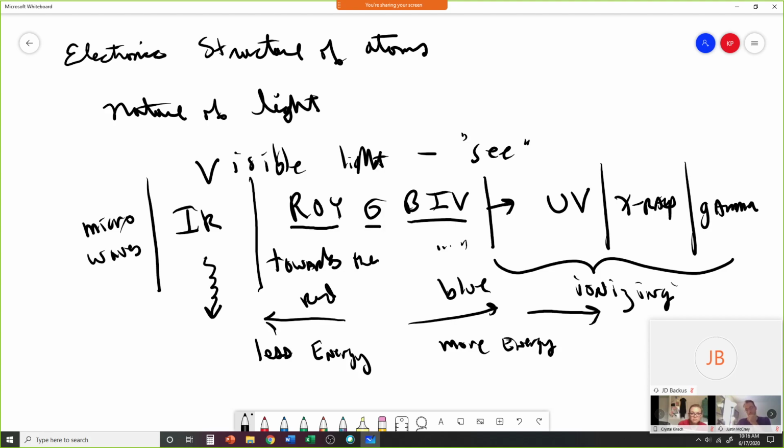You can't see it, but it's still light. And the microwaves actually interact with the water molecules. Here's a water molecule. And they make the water molecules spin. It's the spinning of the water molecules bumping into the other molecules in the food that actually heats up the food.